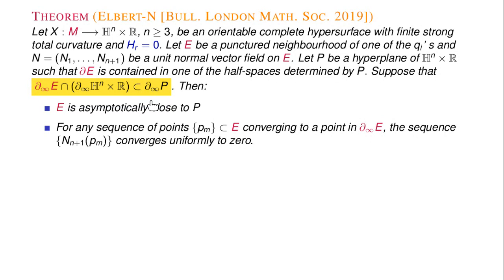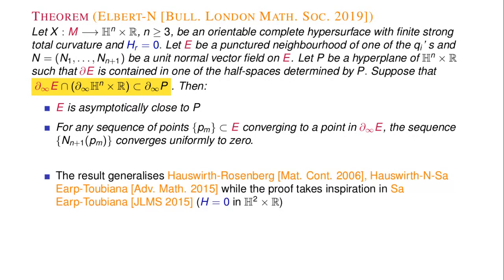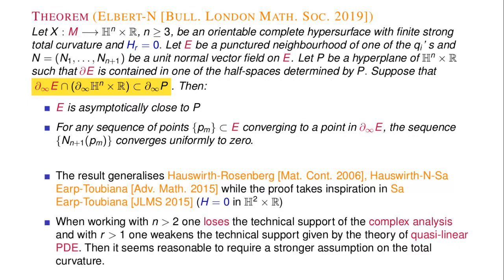So I will not try to do a picture with this pen, because I'm not able. Anyway, I hope it's clear. You have to think about this picture by Martin, Mazzeo, Rodriguez, and this is the picture, in fact. But it's in higher dimension with H_r equal to 0.